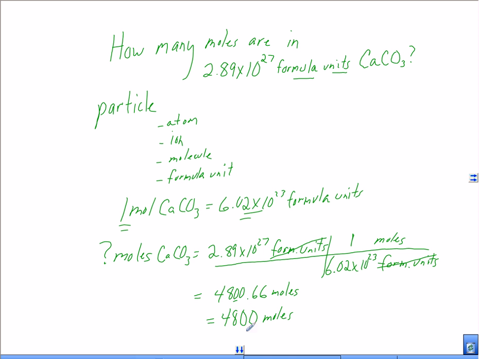So 4,800 moles is the answer, but I need to make that a significant 0, so I can put a line over it, or I could write 4.80 times 10 to the 3rd moles. In this case I have a trailing 0, so I don't need to put a line over it. Either answer will do. That's how you do a standard particle to mole conversion.